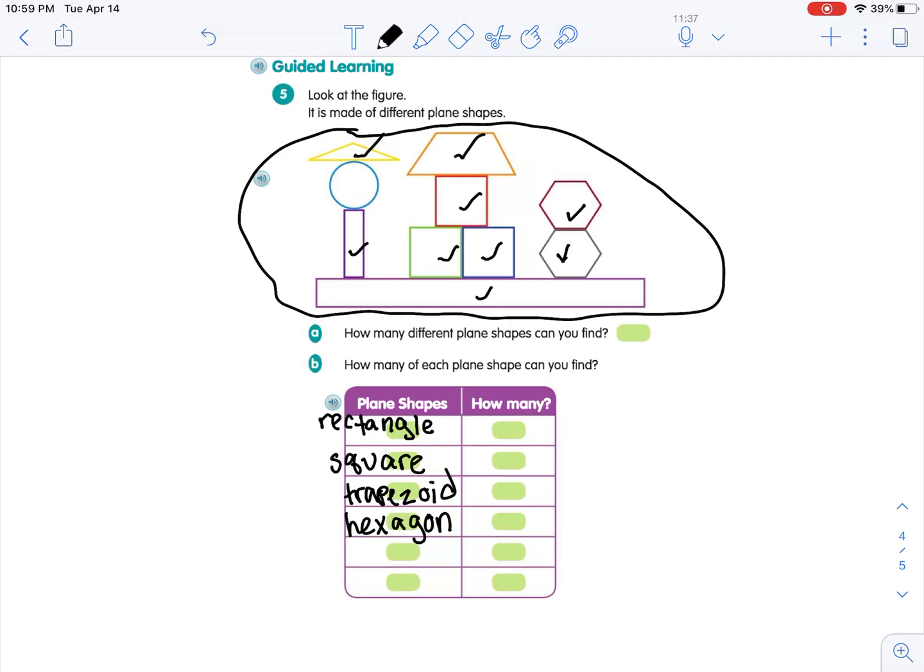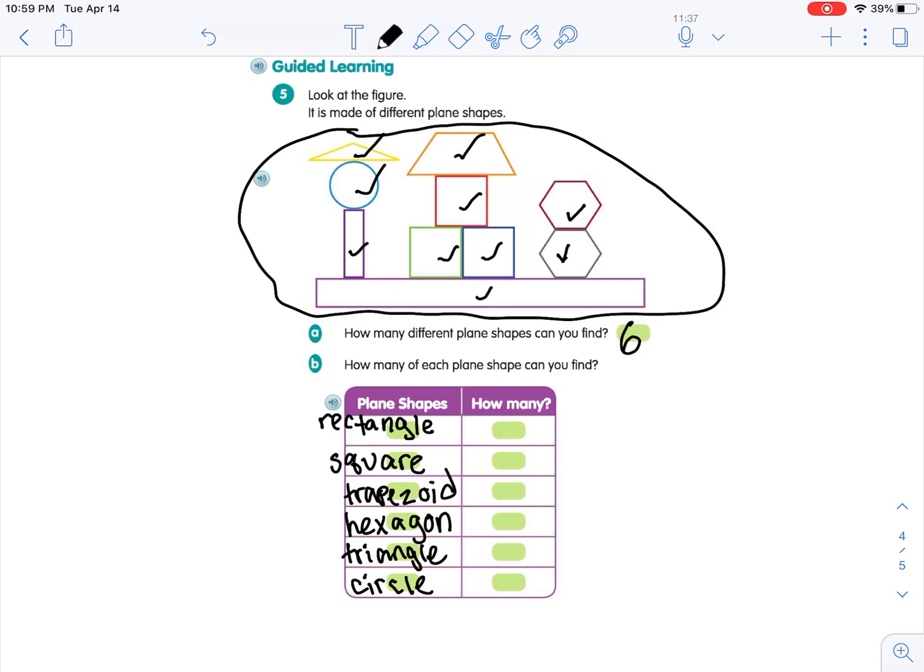Our fifth shape I found is a triangle. And lastly, what do you see? That's right, a circle. And that means there was 1, 2, 3, 4, 5, 6 different kinds of shapes. There was more than 6 plane shapes in there, but there was only 6 different kinds.